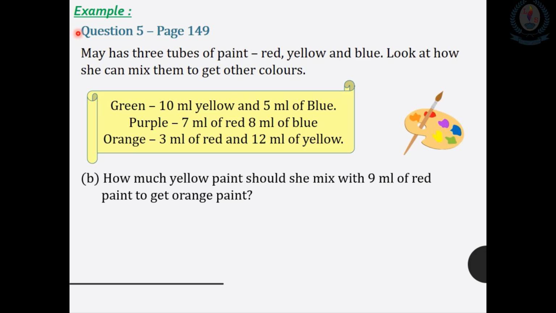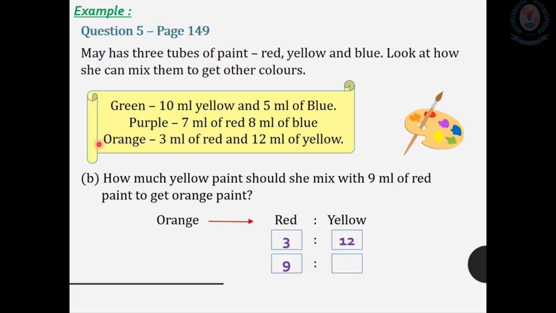Shall we go to the next question? Yes. B part. How much yellow paint should she mix with 9 milliliters of red paint to get the orange paint? Then, here even to get the orange color, she has to mix the colors of red and yellow with the ratio of 3 to 12. According to the question, she should mix 9 milliliters of red paint.